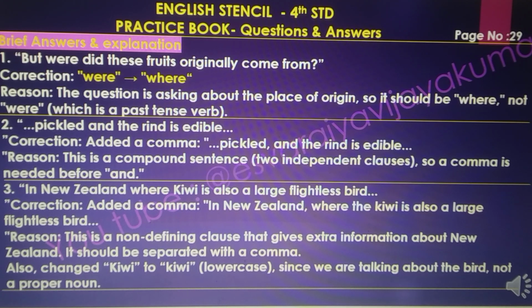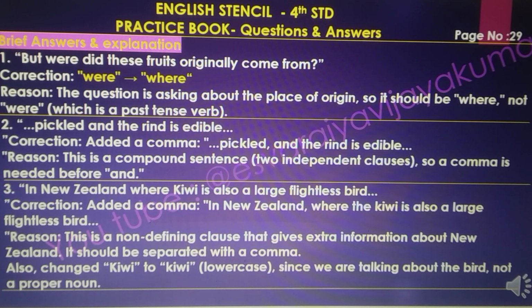Third one: in New Zealand where kiwi is also a large flightless bird. The correction: add a comma, and write "the kiwi". The reason: this is a non-defining clause that gives extra information about New Zealand, so it should be separated with a comma.